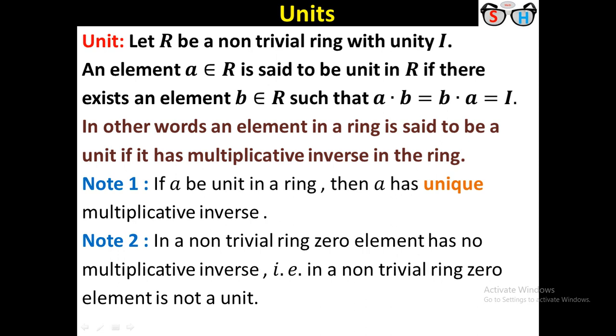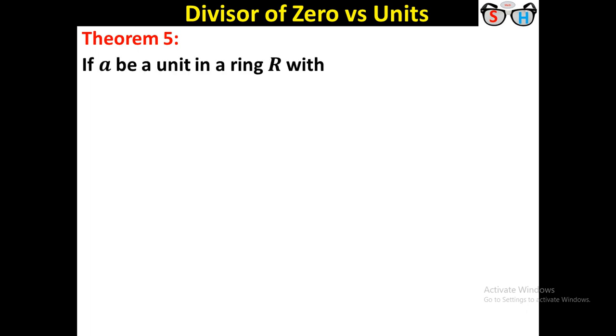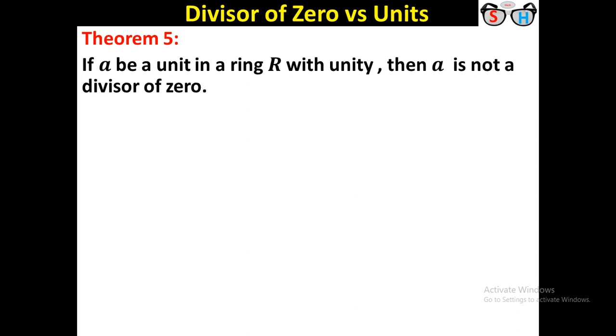Okay. However, I give another theorem which is a relation between divisors of 0 and units. The statement is that if A is a unit in a ring R with unity, then A is not a divisor of 0.